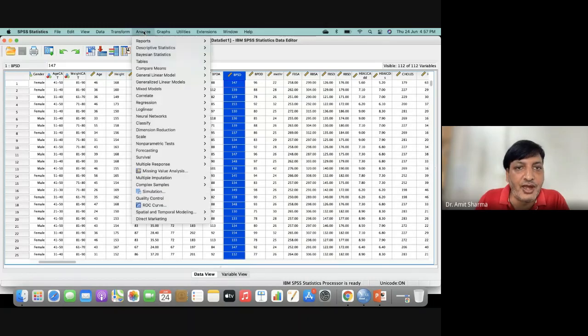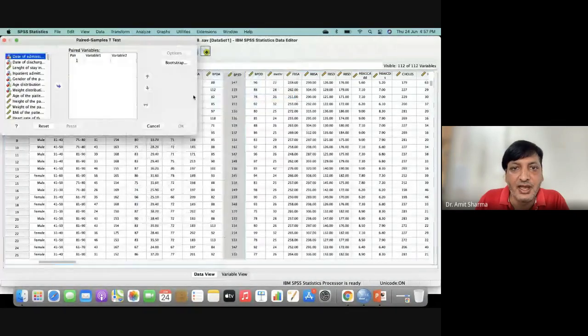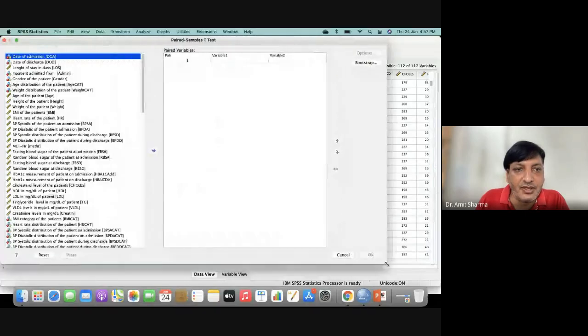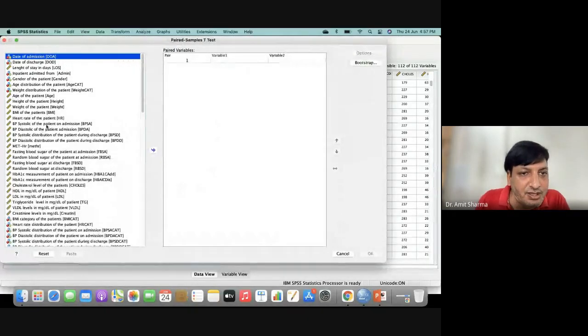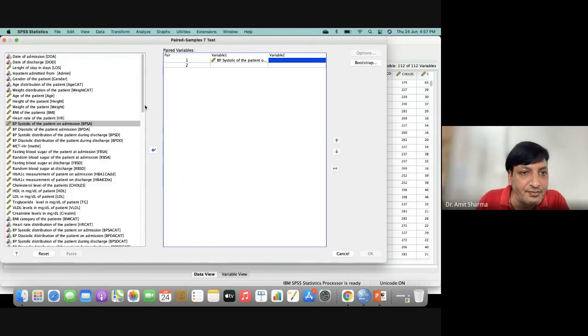So we'll go to Analyze, Compare Means, and Paired Samples t-test. We click OK, and there we'll look for the variable systolic blood pressure of the patient on admission. This will be considered as variable 1, and blood pressure systolic of the patient during discharge. This is called set 1.